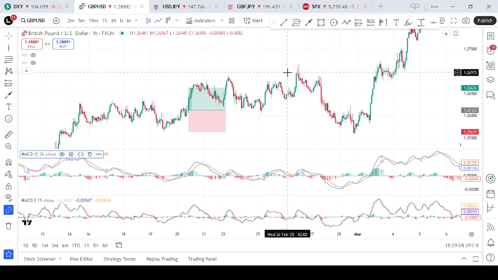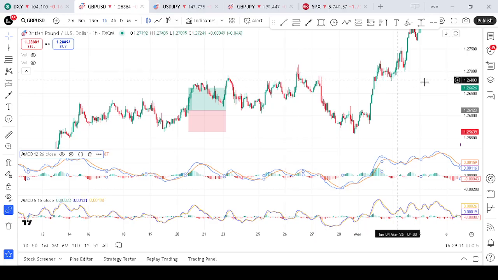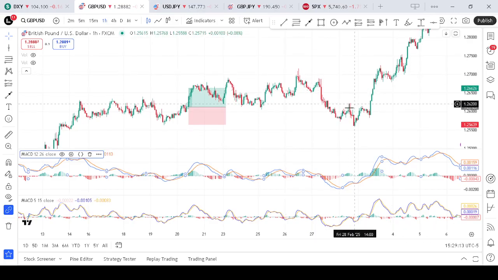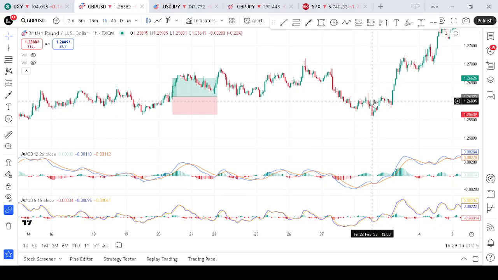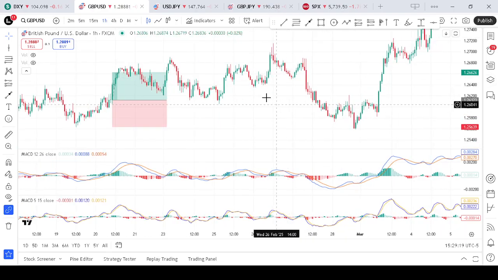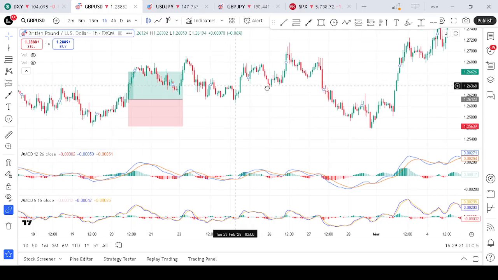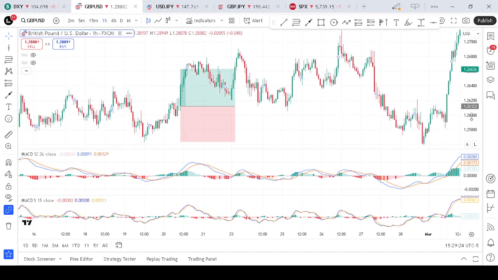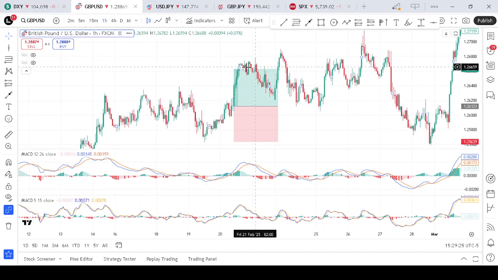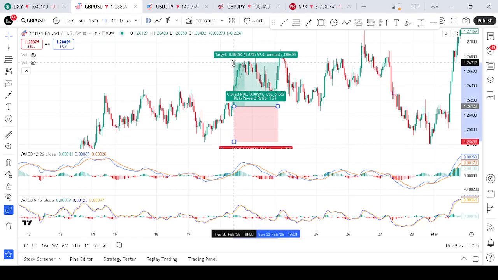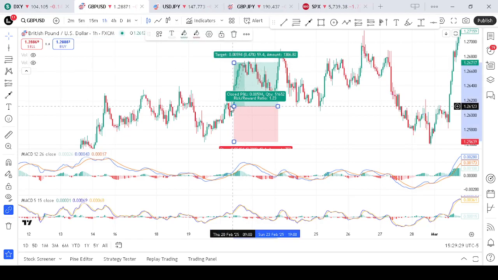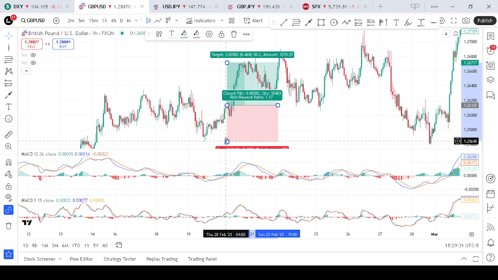Consider following these steps carefully and consistently. You will be able to implement the double MACD strategy effectively in your trading routine. If you can follow all the steps we talked about in this strategy, you will be able to capitalize on this trading strategy.